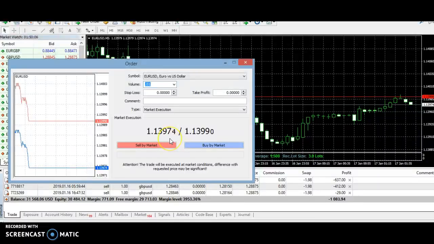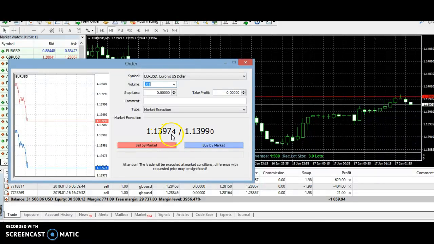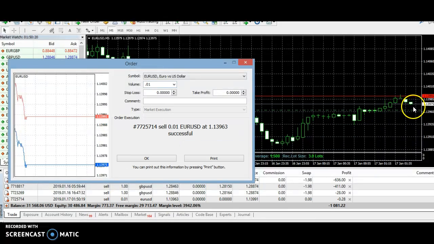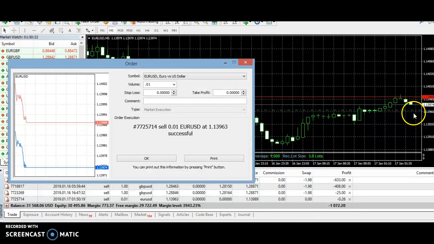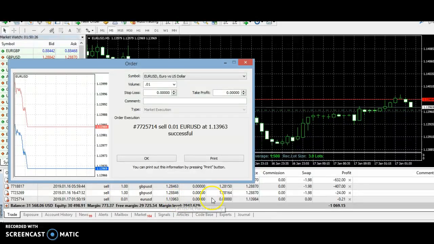So if I sell this at this current position, it should get in at 1397.4, okay, or 0.5, whatever. So I'm going to sell it, and you watch. You see that? It entered me in at 1396.